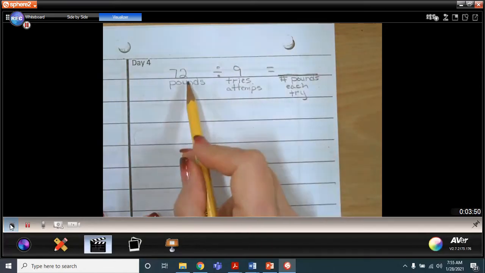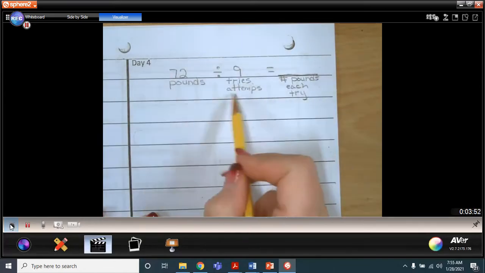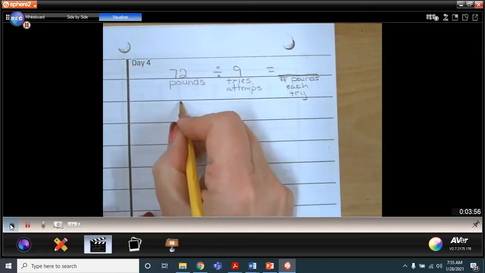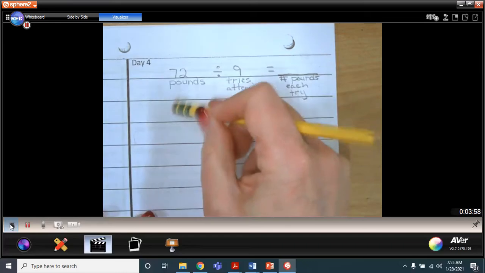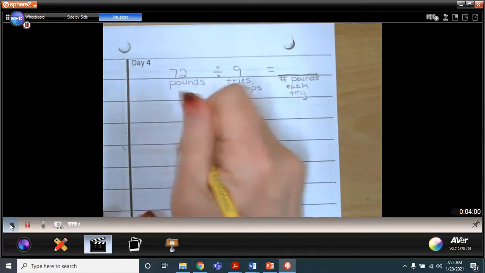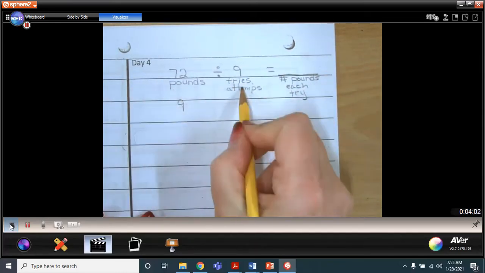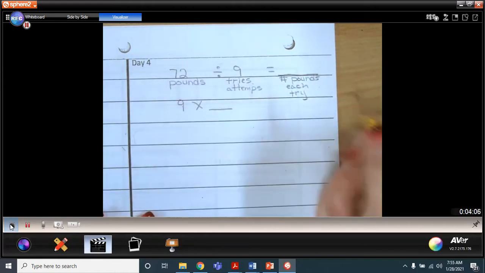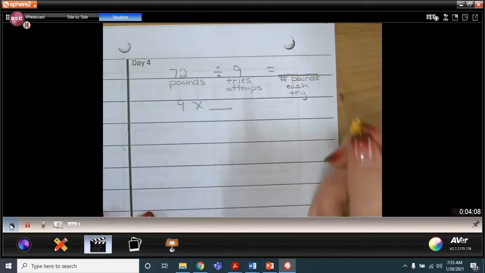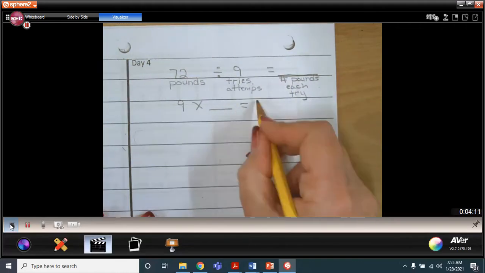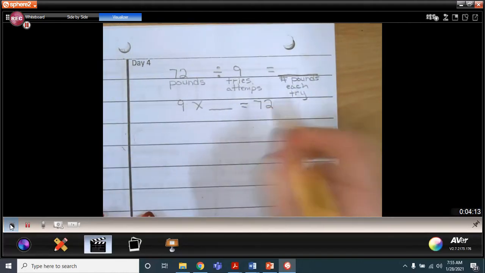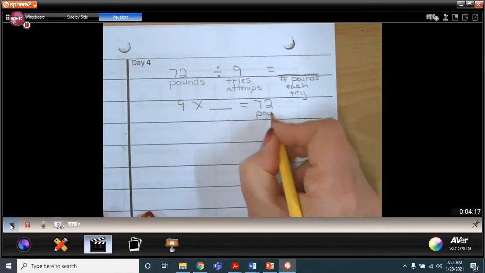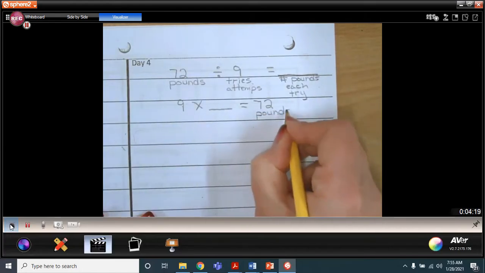So let's take a look at what we could do. Remember, multiplication is the opposite of division. So we know our groups, because those are the tries. We don't know how many pounds he lifted each time, but we do know that after he lifted it, this is how many pounds he lifted afterwards.